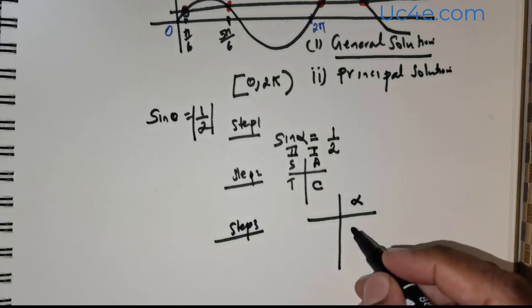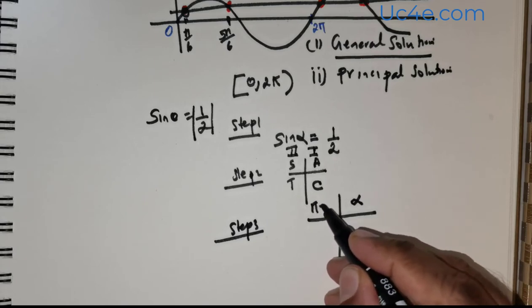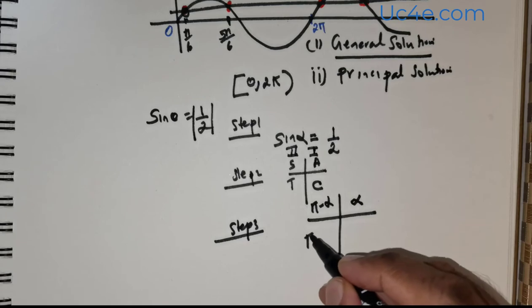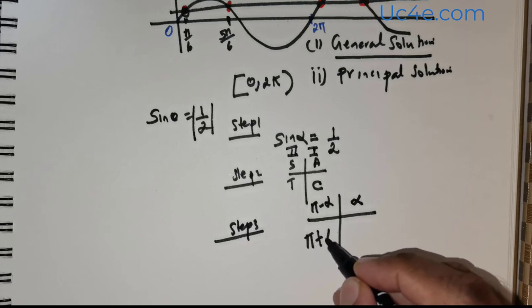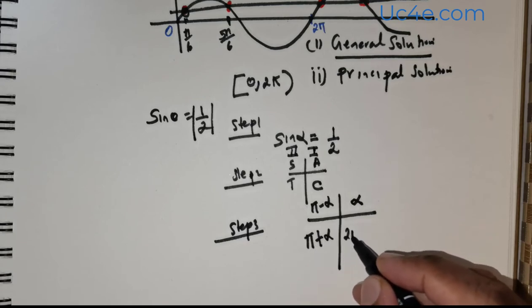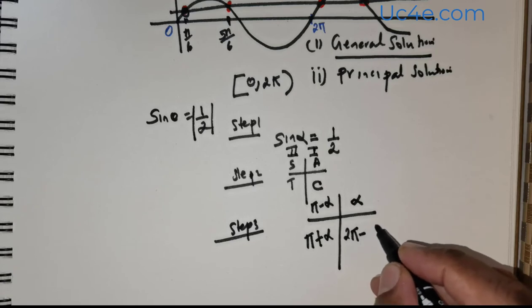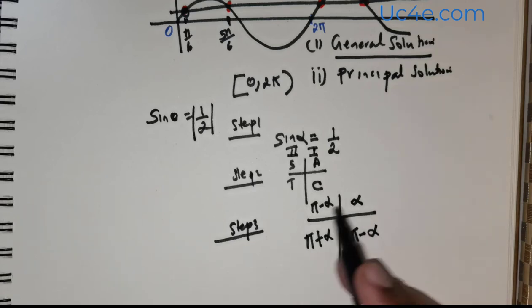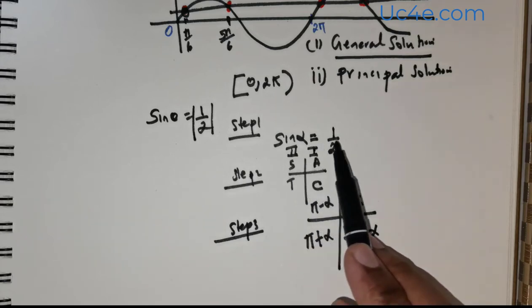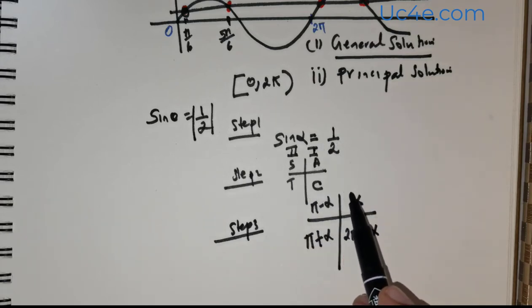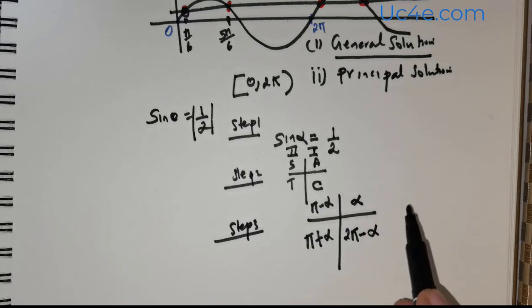In the first quadrant, theta takes alpha. In the second quadrant, theta takes pi minus alpha. In the third quadrant, theta takes pi plus alpha. In the final quadrant, theta takes 2 pi minus alpha. So this is important. Now clearly we know that sine alpha is equal to 1 over 2, which is positive, and that occurs in the first quadrant and in the second quadrant.